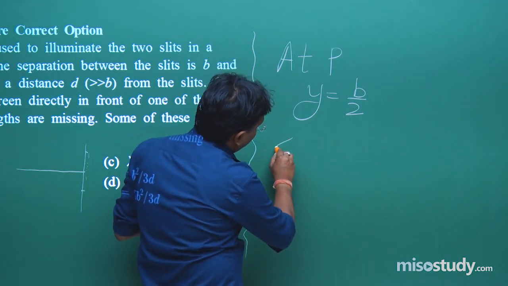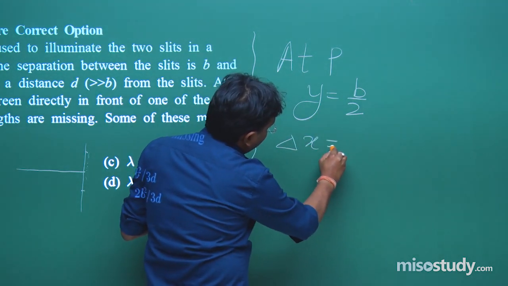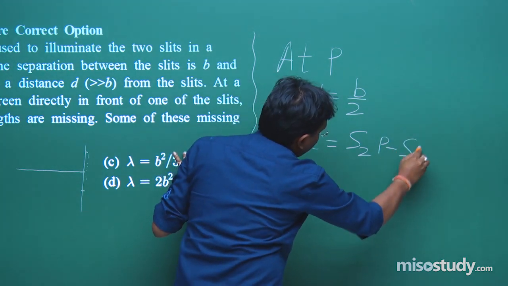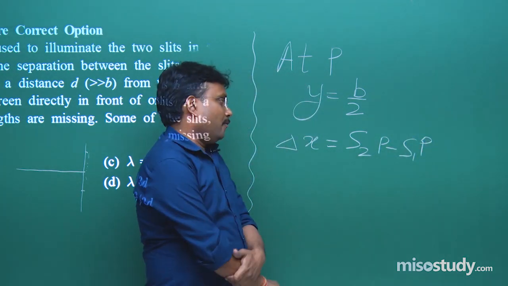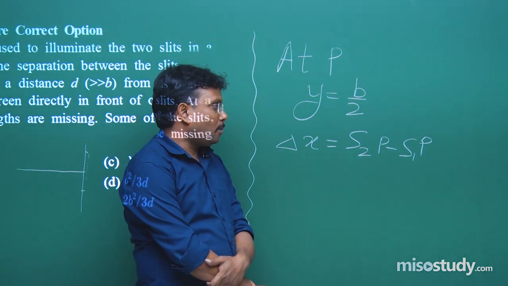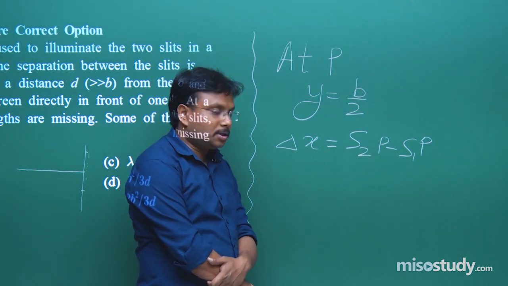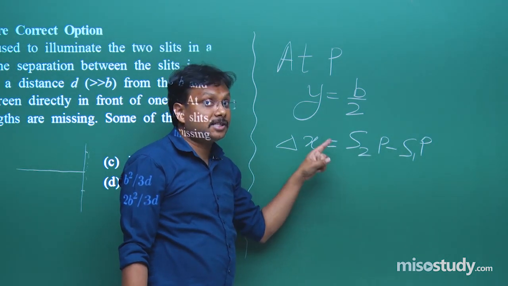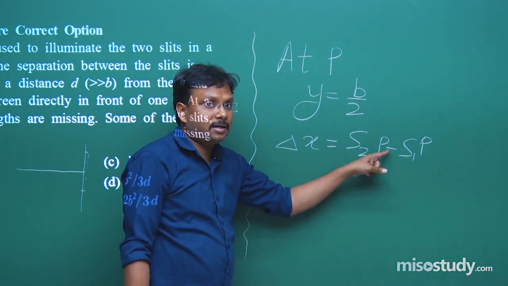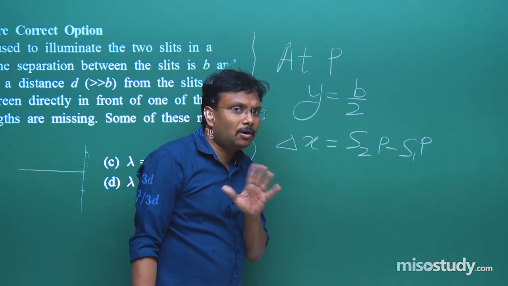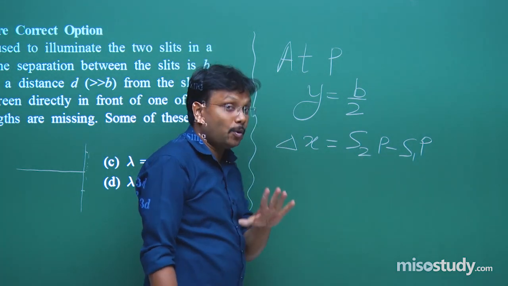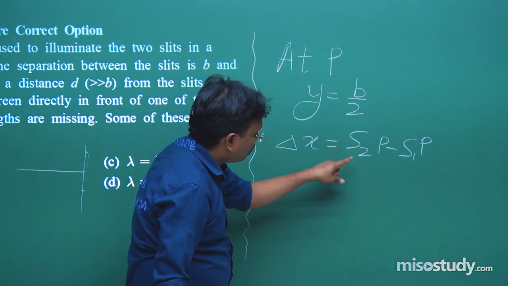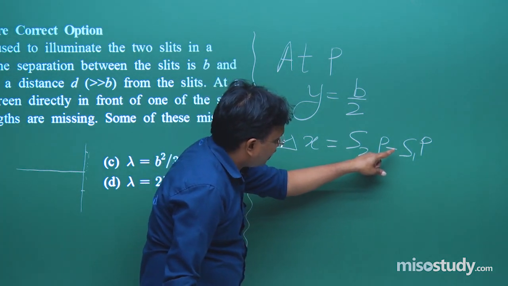Now, path difference delta x is equal to S2P minus S1P. When I presented this topic in my regular lecture, at that point of time I derived this result step by step. So, that is why I think if I am writing like this, you will not find it difficult if you are regular with our Misostudy videos. So, delta x is equal to S2P minus S1P.